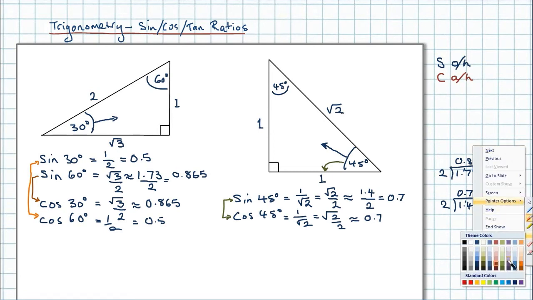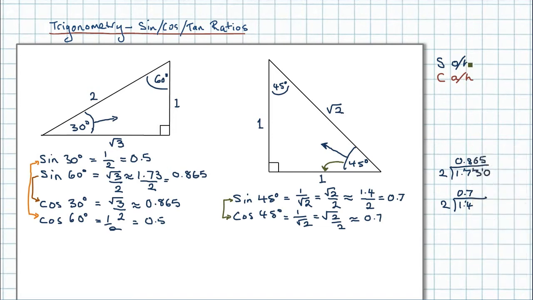Finally then, what other combination have we got here? We could change this round and then we get 3 other trigonometric ratios, but for most purposes all we need is the sine, the cosine, and this third ratio, which is the tangent.